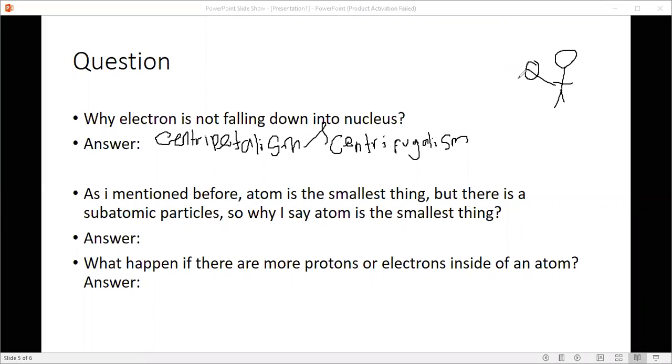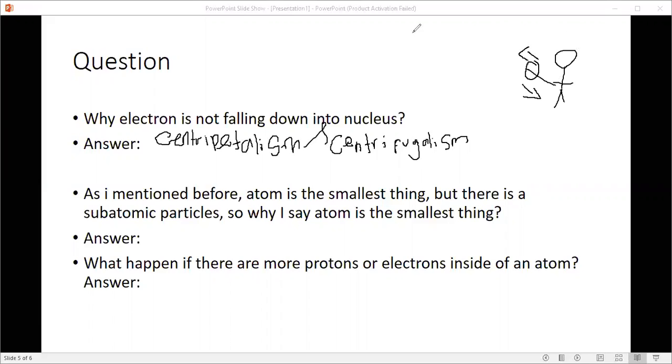you realize that centripetalism makes the ball move towards the center. So centripetalism is a movement that makes something move towards its center, while centrifugalism is a movement that makes it go far away from the center.